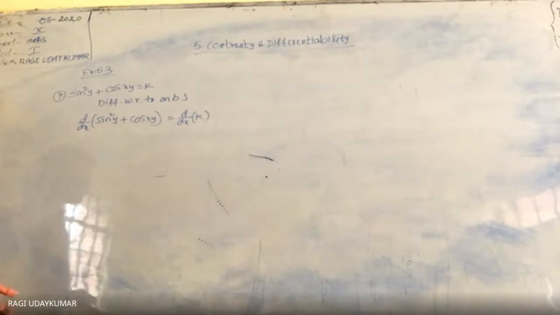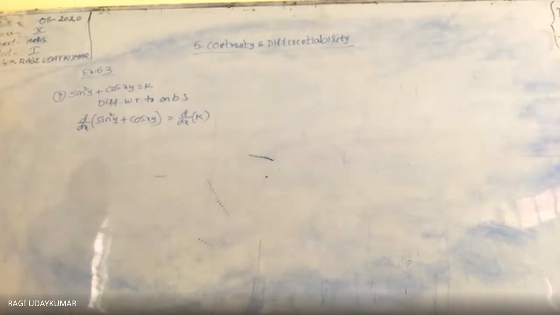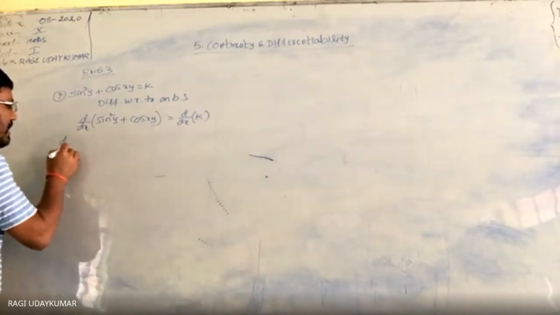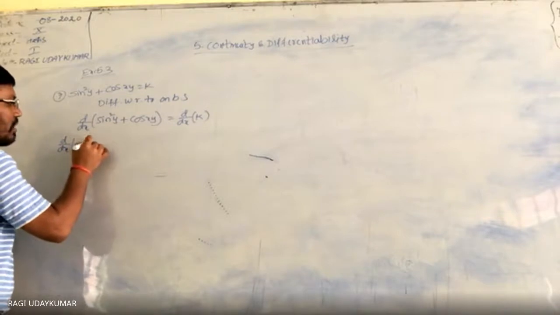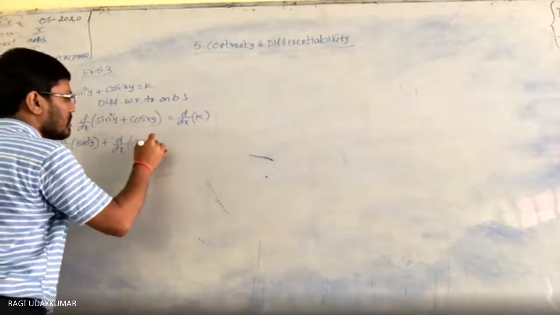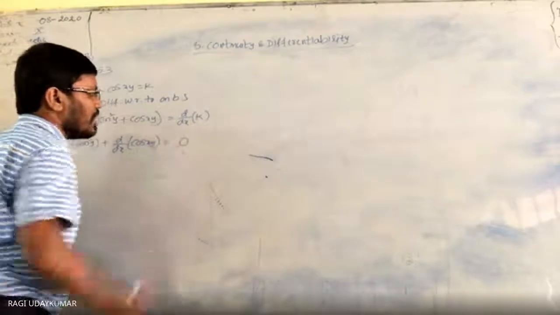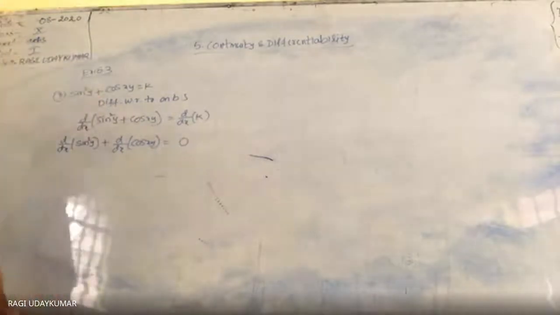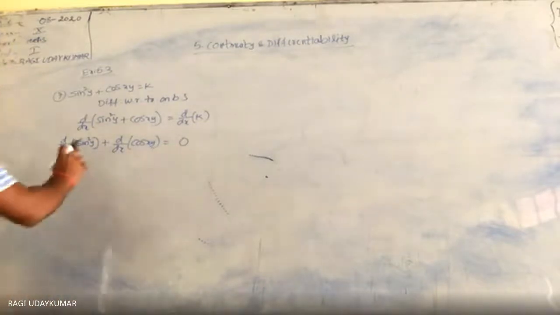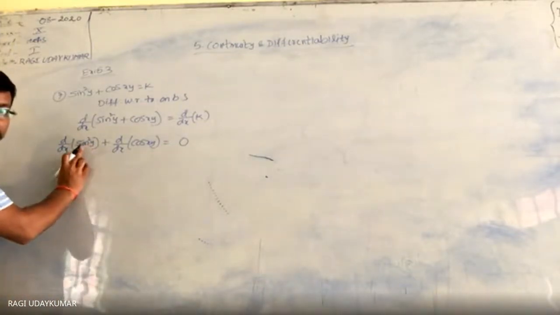Sin square y differentiation you need to do, and cos xy differentiation you need to do. So d by dx of sin square y plus d by dx of cos xy is equal to d by dx of a constant, which is 0. So d by dx of a constant is 0.